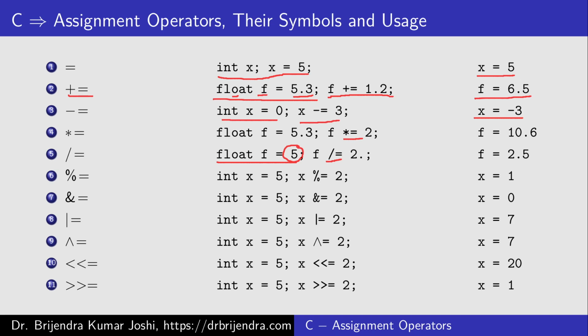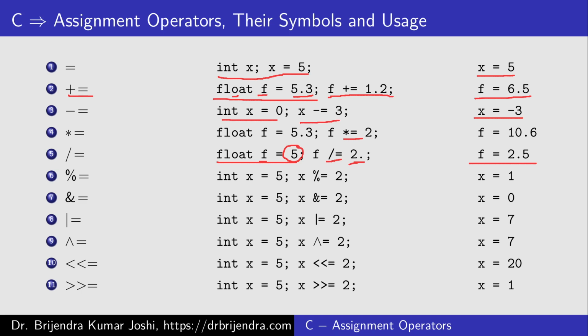So this 5, though it appears to be an integer, internally it will be stored as a floating point number. And /= 2. I have intentionally written just to emphasize that it is to be treated as a real division. So 5 divided by 2.0, that is 2.5, so it will be 2.5.